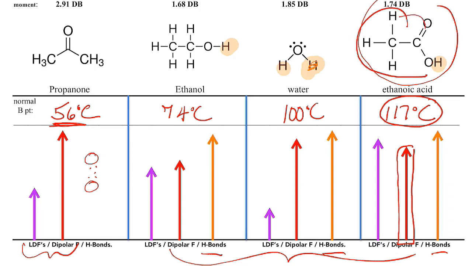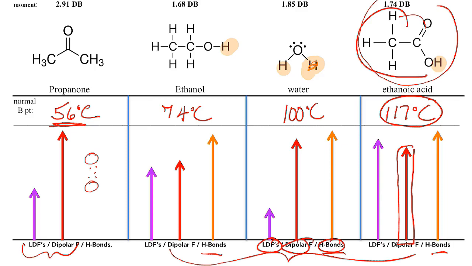So here's an AP question. Explain why ethanoic acid, as compared to water, has a higher boiling point. And you would say, and this is important, when you do these kinds of comparisons, you must talk about both of them. Water and ethanoic acid both have LDFs, dipolar forces, and H bonds. They have the same number and type of intermolecular forces.